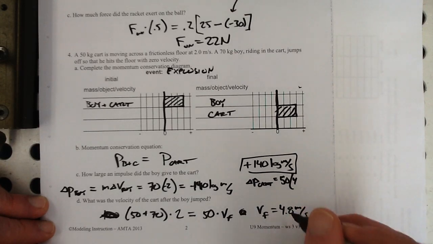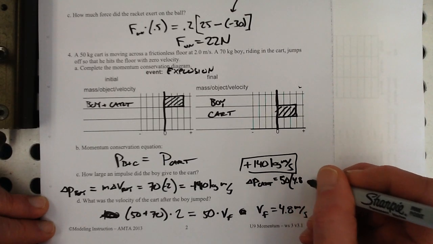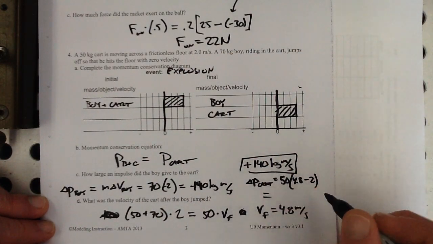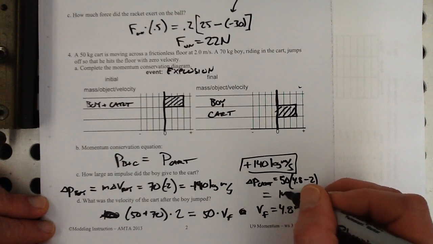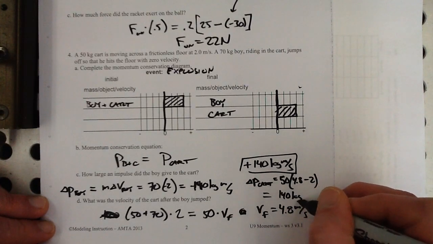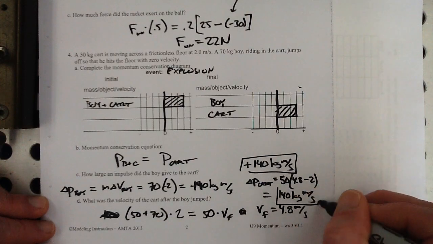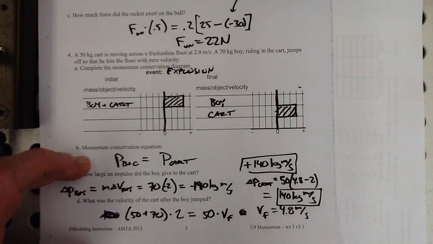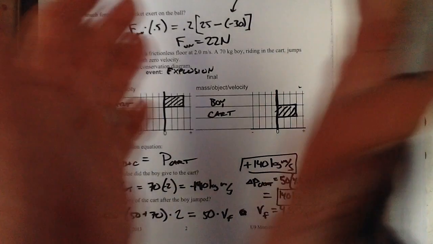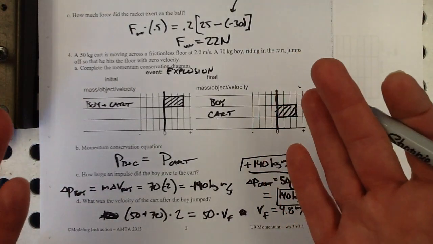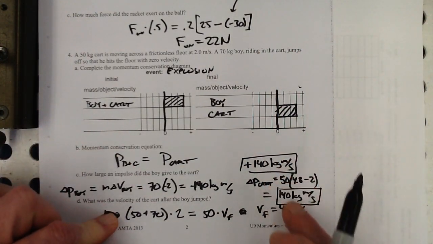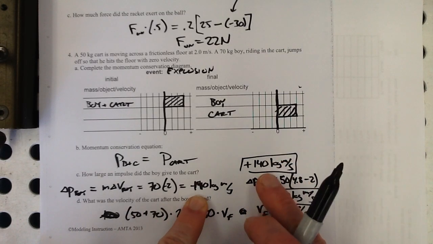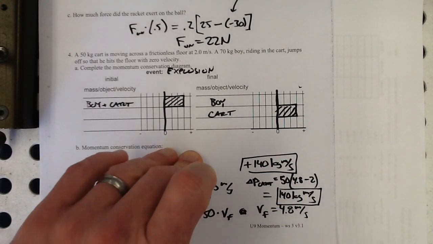Final velocity, this is the version if you did D first, 4.8, and before the explosion it was going 2, and then you do some math and you're like, oh, I got 140. Yeah, because you better get the same thing. Physics. So just like Newton's third law, equal opposite force, if two things interact, there has to be equal and opposite impulse. So impulse on boy, negative 140, impulse on cart, positive 140.